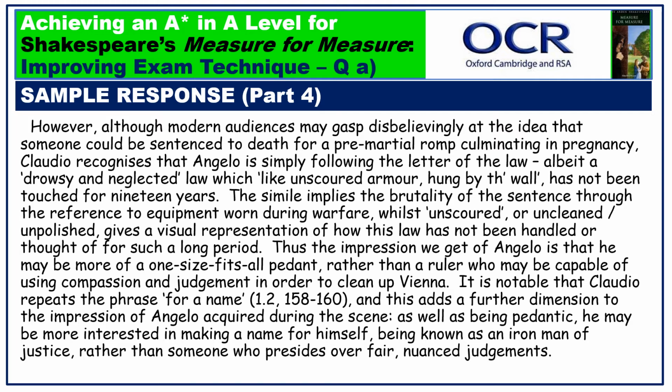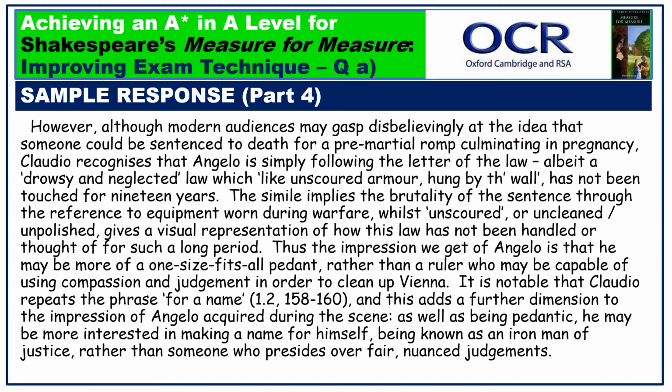The simile implies the brutality of the sentence through the reference to equipment worn during warfare, whilst unscoured or uncleaned, unpolished gives a visual representation of how this law has not been handled or thought of for such a long period. Thus, the impression we get of Angelo is that he may be more of a one-size-fits-all pedant, rather than a ruler who may be capable of using compassion and judgment in order to clean up Vienna.